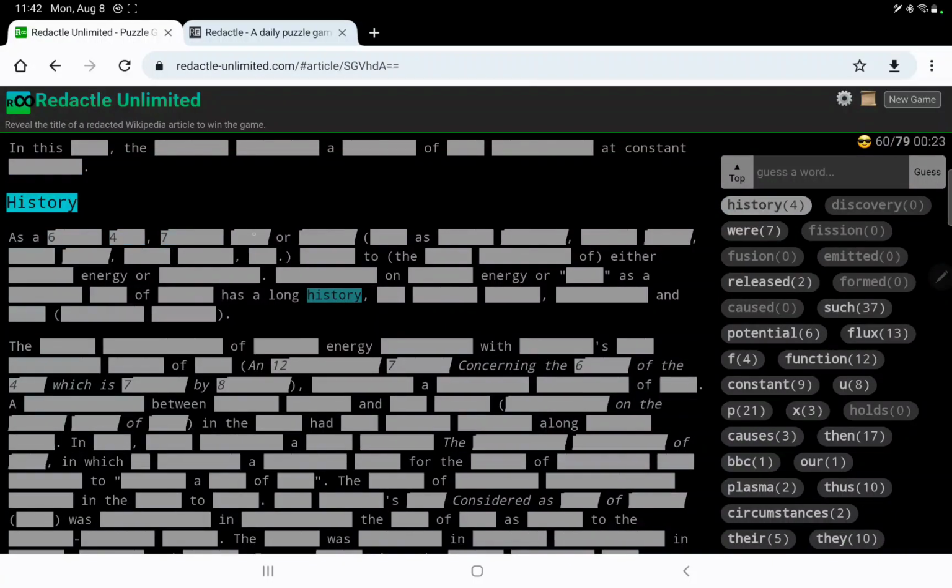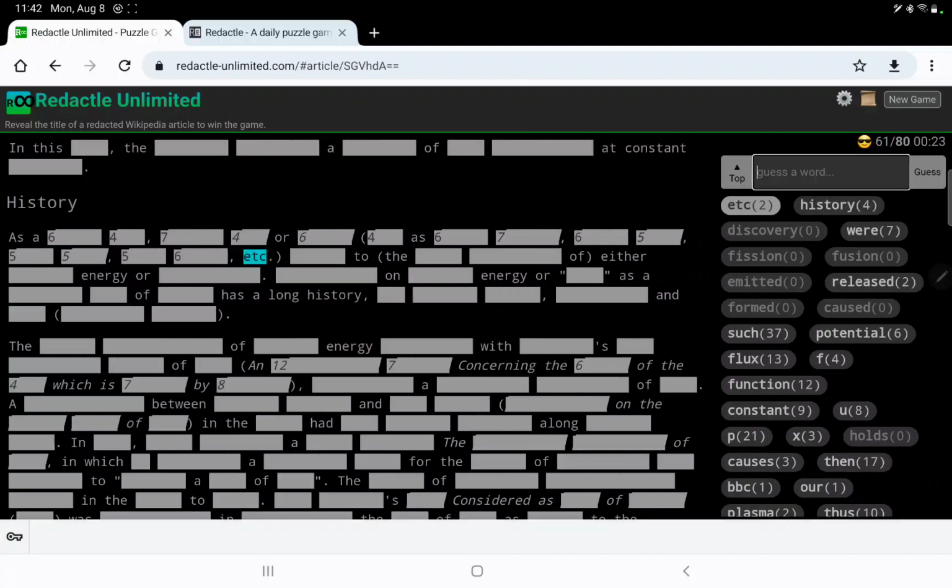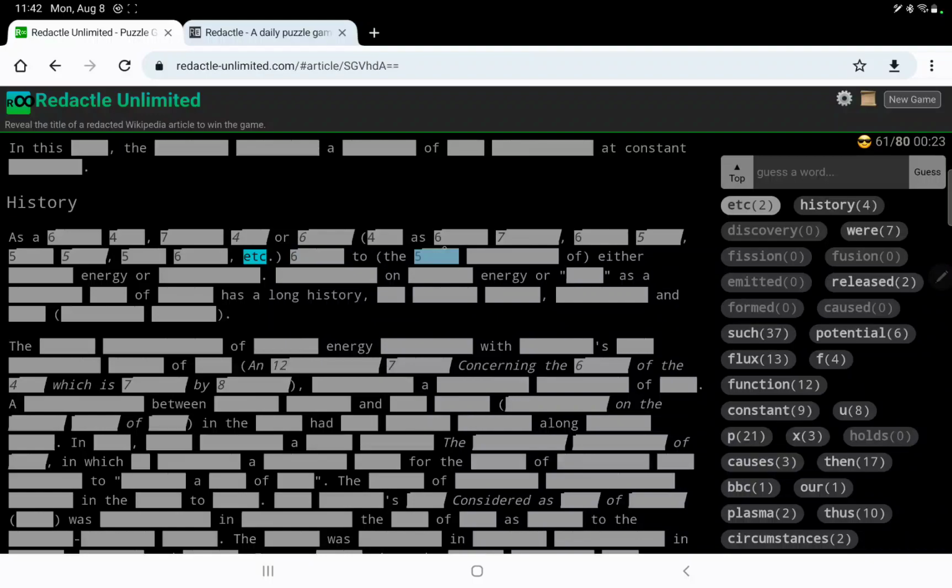As a 6, 4, 7, 4 are 6. No, that's not such as, but 6, 5, 5, 5, 5, 6, etc. 6, 2, the 5, 10 of either 7 energy or 11.